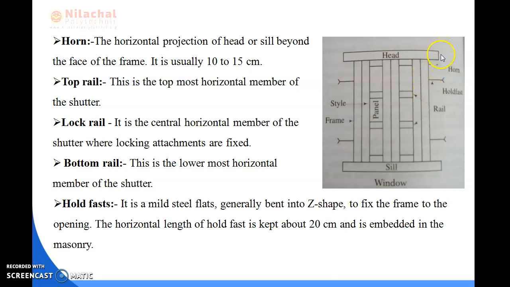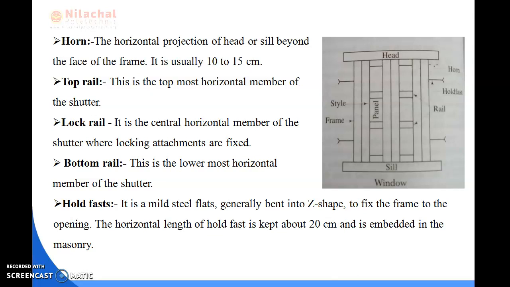It is the horizontal projection of the head or the sill beyond the face of the frame, and it is usually between 10 to 15 centimeter. You can see in the diagram, this is the horn.